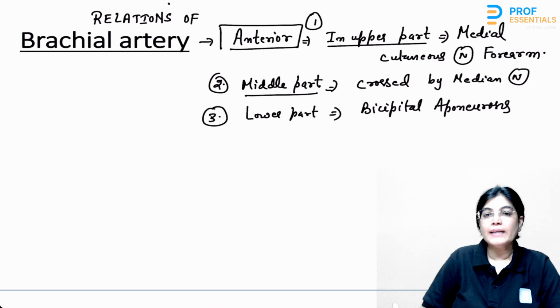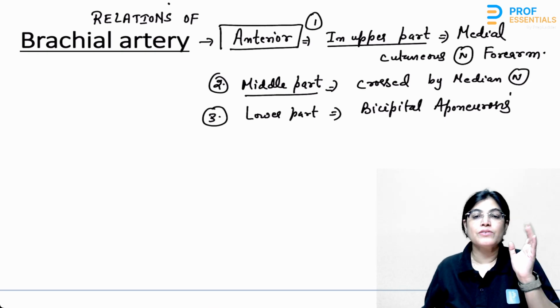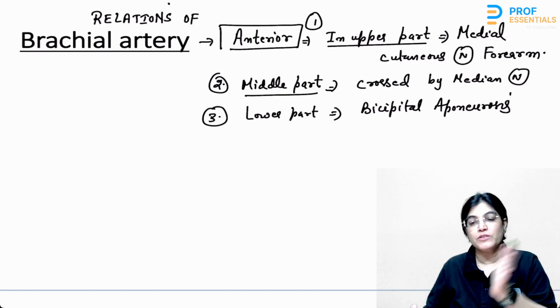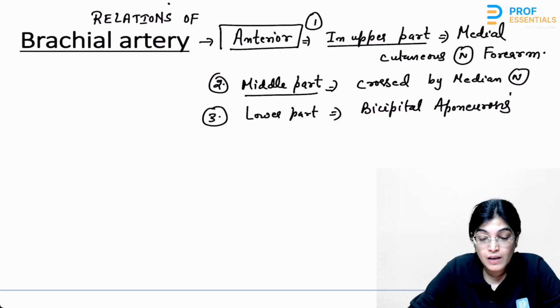That means anteriorly, the brachial artery is related to 3 structures in the 3 parts: in the upper part, the medial cutaneous nerve of the forearm; in the middle part, the median nerve; and in the lower part, the bicipital aponeurosis.